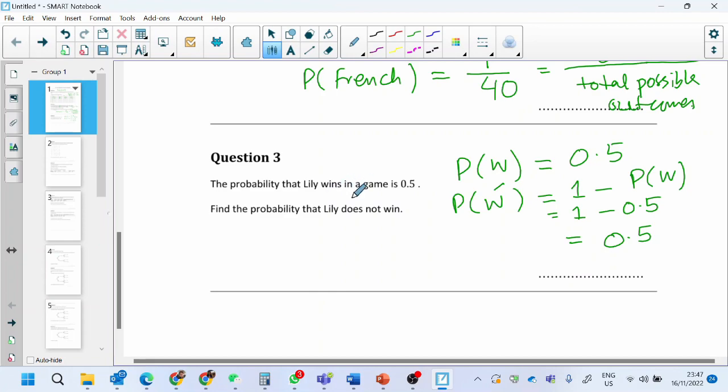If the probability of winning is 0.25, then the probability of not winning will be 0.75, because both of these probabilities should sum up to 1.